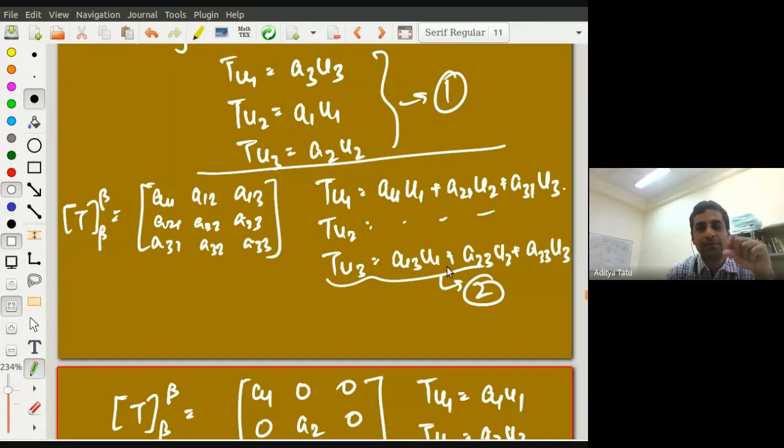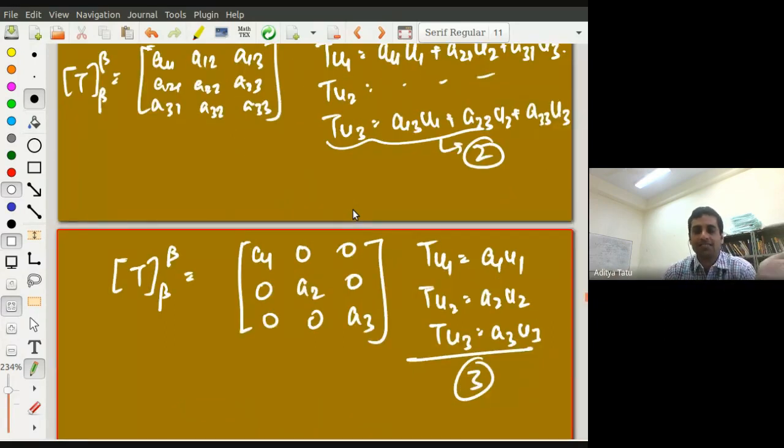In 2, one basis is getting mapped to a linear combination of all bases. In 1, one basis is getting mapped to a different basis and getting scaled. In 3, one basis is getting mapped to just a scaled version of the same basis, nothing else.